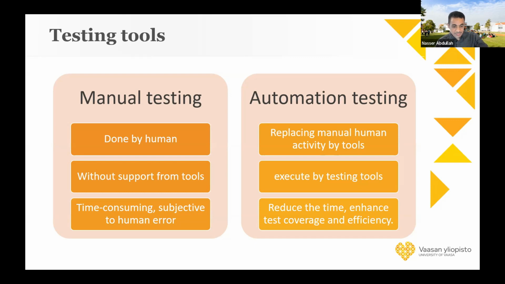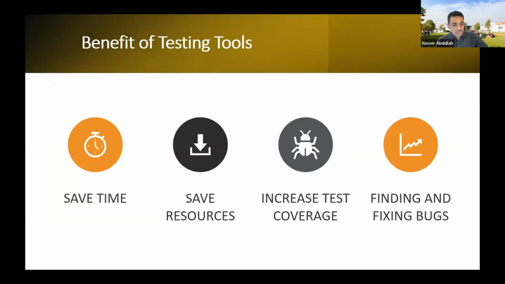So here it's just the comparison between automation and manual testing in terms of tools. Here are the benefits of testing tools. Guys, when we talk about tools, there are different tools, which is why in the classification you see different tools, but here we talk in general. Also, the second point, we are not talking only about automation.